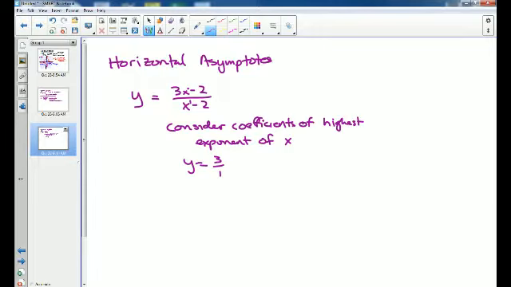There's your horizontal asymptote. So you do highest exponents, right? 3x and 1x, so you just say the x's will cancel. Okay, this is not formal math. This is the easy way to determine horizontal asymptotes. Okay, so y equals 3 is the horizontal asymptote.